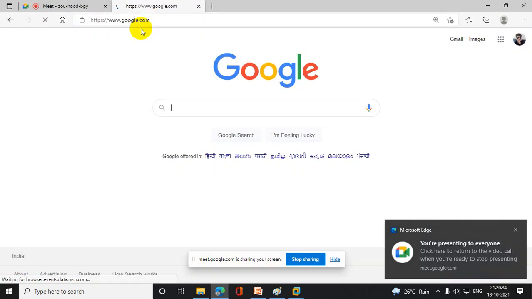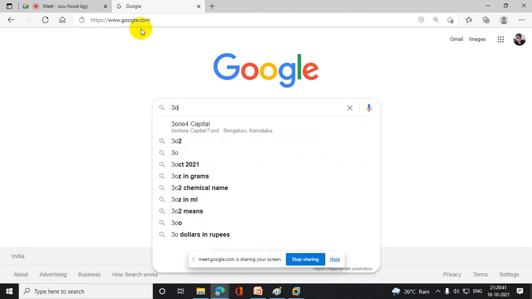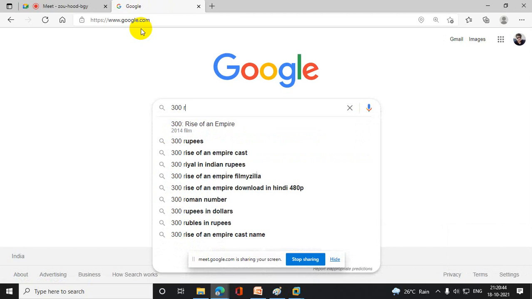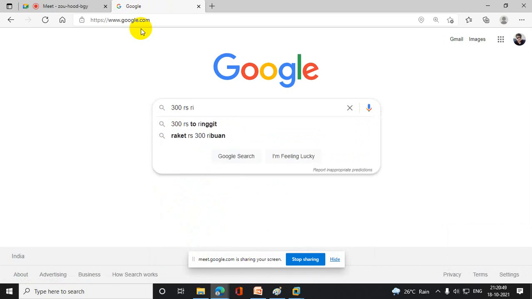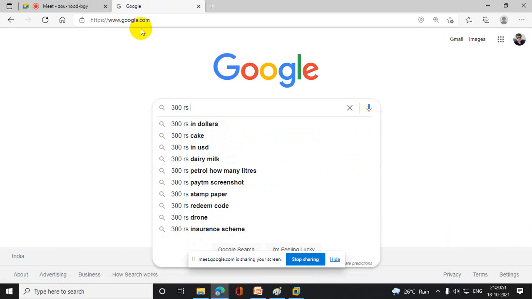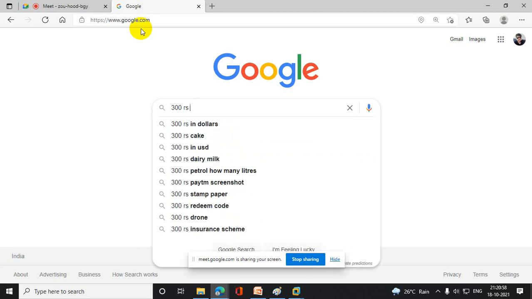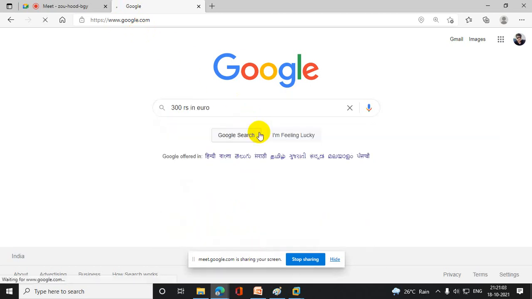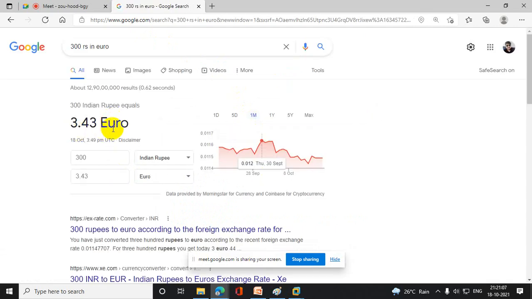Let's calculate. 300 rupees is about 3.43 euro.